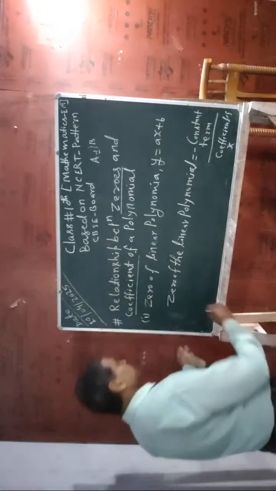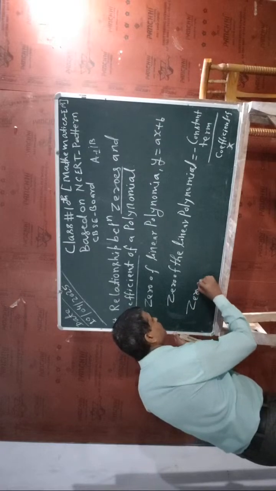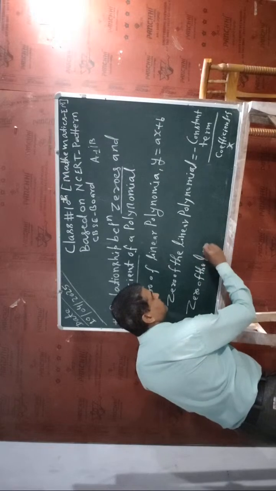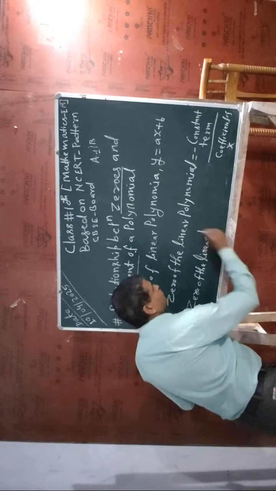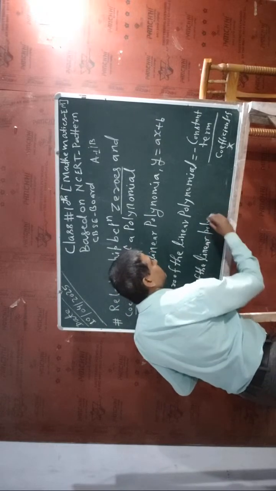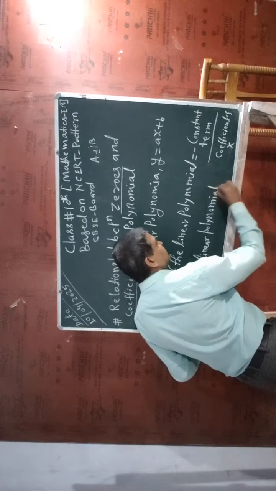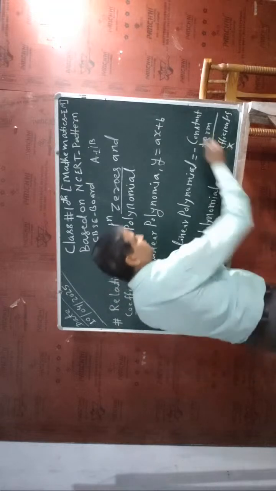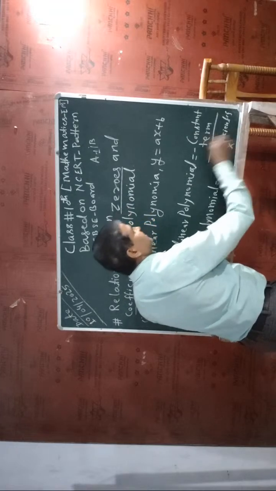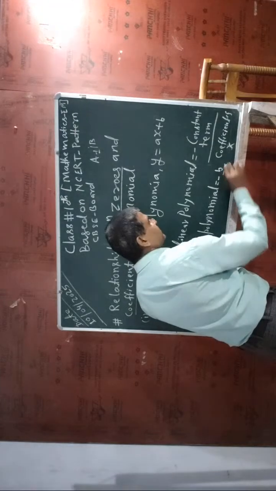So I will write zero of the linear polynomial is equal to minus the constant term, which is b here, divided by the coefficient of x, which is a here.